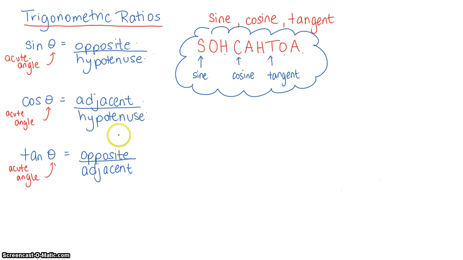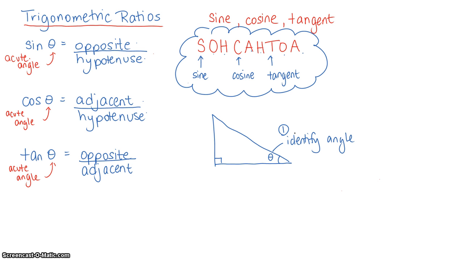Now, what this all means is that when you're given any right angle triangle, first you have to identify your angle. It has to be an acute angle, it cannot be the 90-degree angle. So you identify your angle. That's the first step. Once you identify the angle that you're looking at, then you have to label the sides. So hypotenuse, again, doesn't matter which acute angle you use, the hypotenuse is always the hypotenuse.